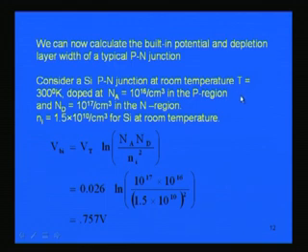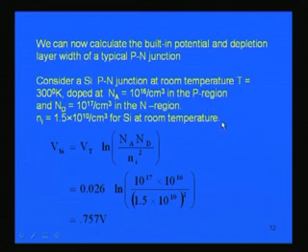Let us consider a silicon PN junction at room temperature, 300 degree Kelvin, doped with Na equal to 10 to the power 16 per centimeter cube in the P region, and in the N region the doping concentration is 10 to the power 17 per centimeter cube.